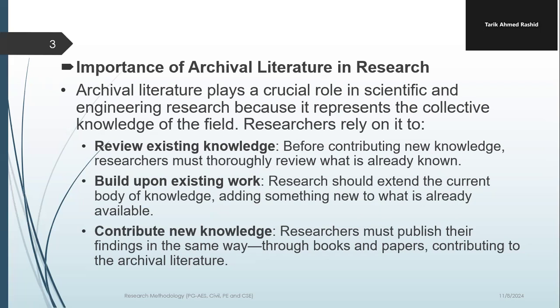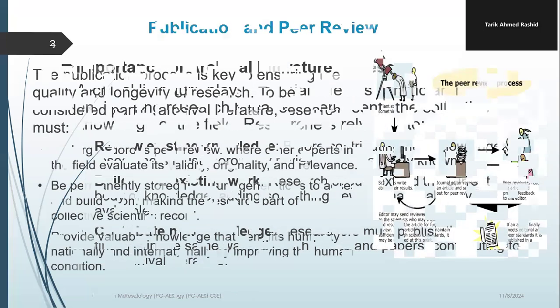We can use it as an extension to what is current, and we can extend it to add to what's already available. We can also rely on archival literature because we want to contribute to the knowledge base. Researchers must publish their findings in the same way. So once you publish your work, it will become archival literature for future generations.